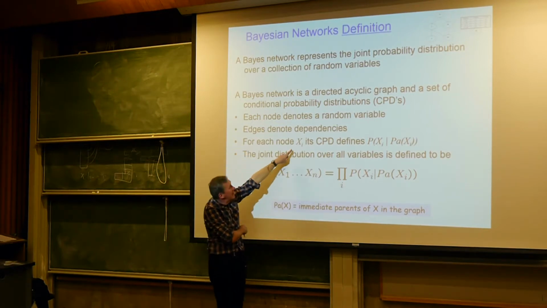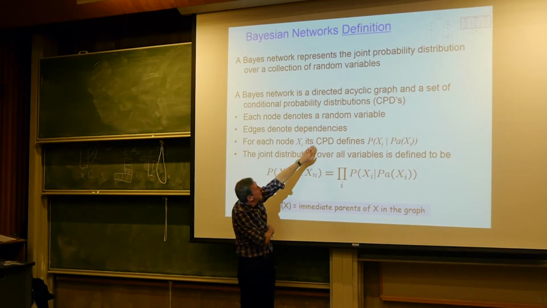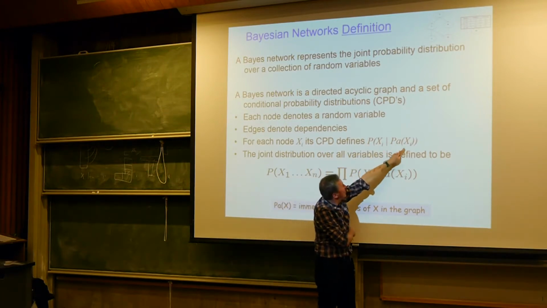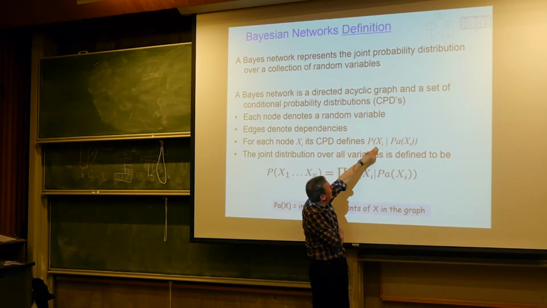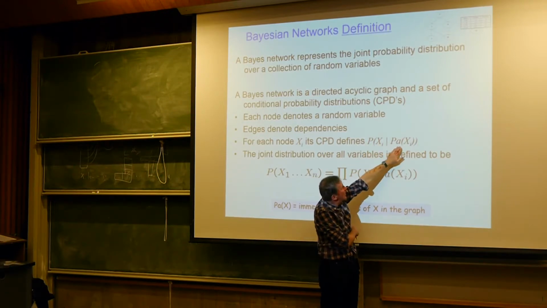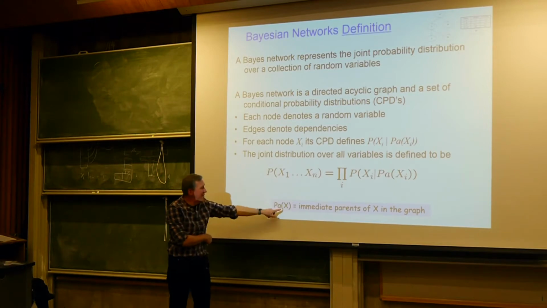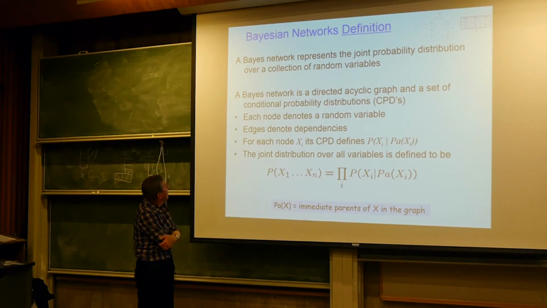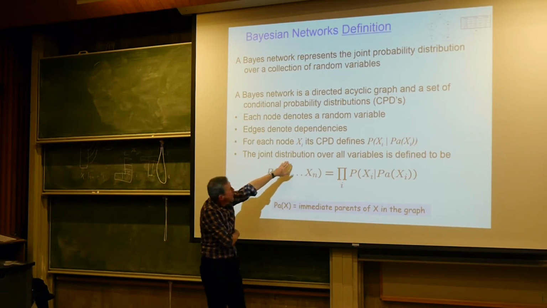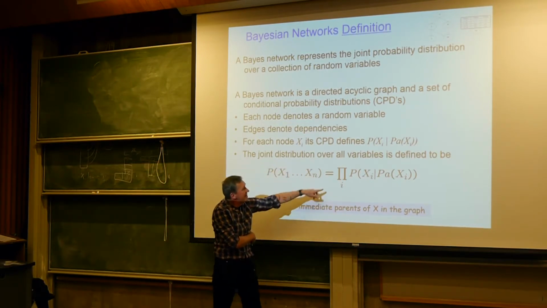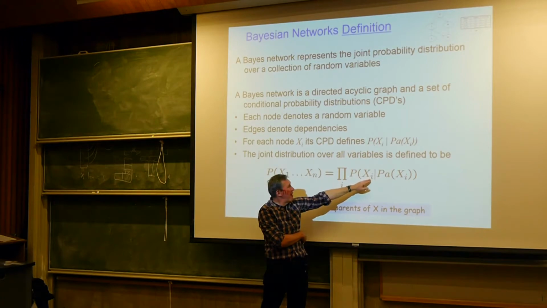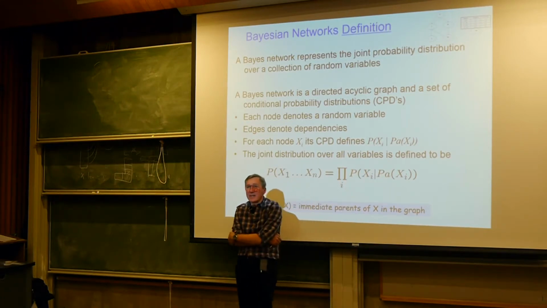And for each node x sub i, its conditional probability distribution simply defines the conditional probability of xi given its immediate parents. And I'm using PA of x to mean just the immediate parents of x in the graph. And then the joint distribution over the n variables in the graph is simply defined to be the product over i, the index for each variable, of all these conditional probability distributions.